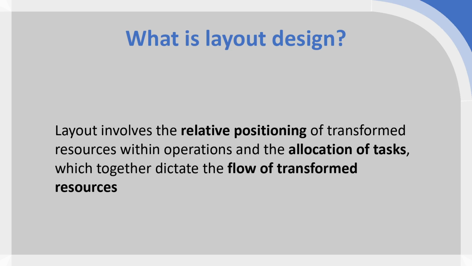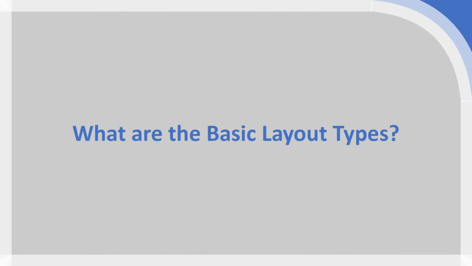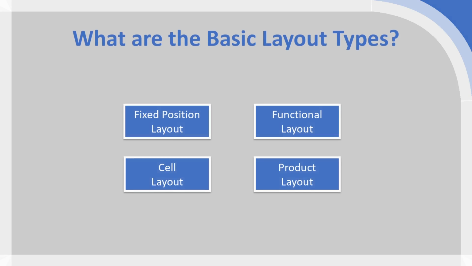So we have basic types, and most layouts that you examine will be variations or within these basic types. So we have four types that we're going to be concerned with, and those are fixed position, functional, cell, and product layouts.